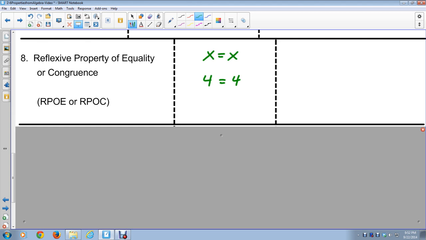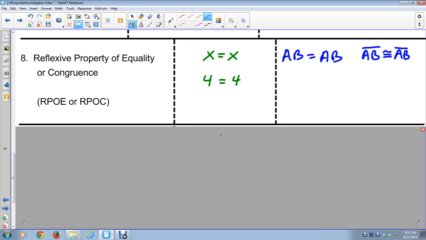It doesn't change. For a geometry example, we can say the length of a segment is equal to itself. If we're going to put that in terms of congruence, segment AB is congruent to segment AB. We can do it with angles as well.